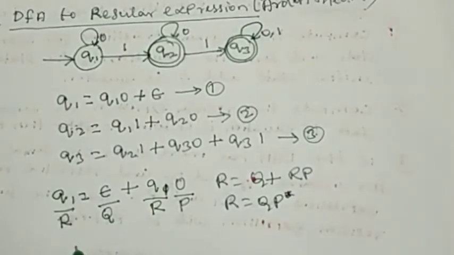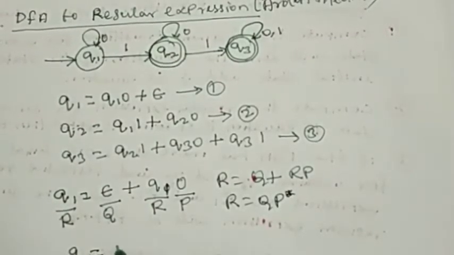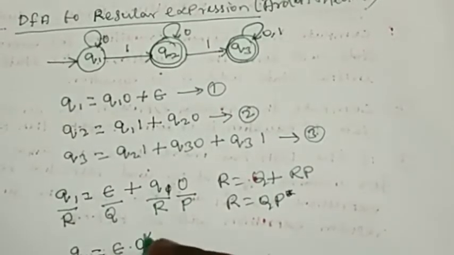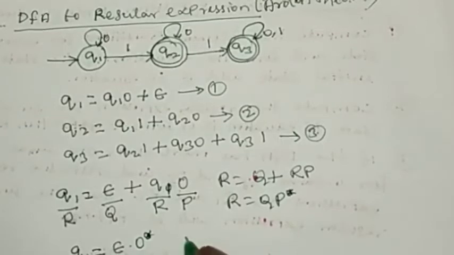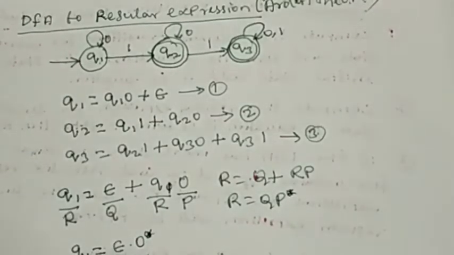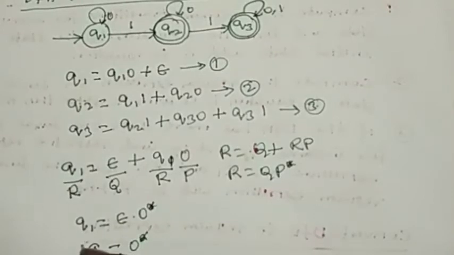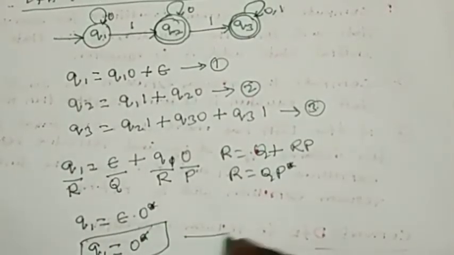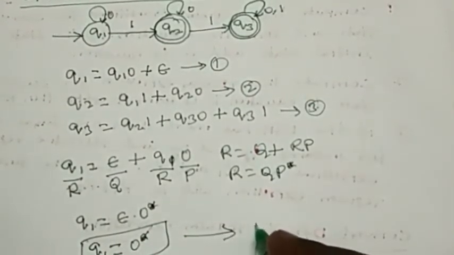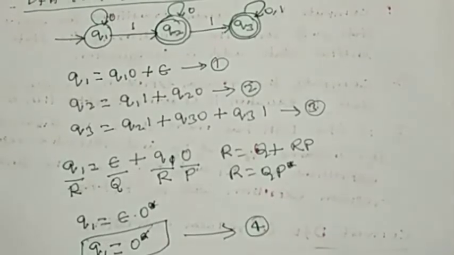Now you just substitute it. R is Q1, Q is epsilon, and P is 0, so you put 0 star. Now I can rewrite this equation as Q1 equals 0 star. So this is equation number 4.